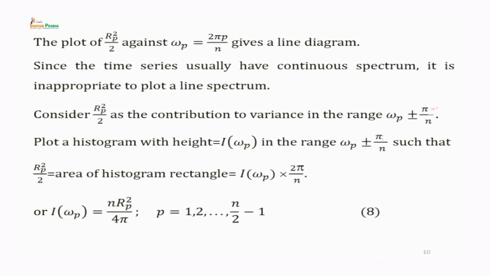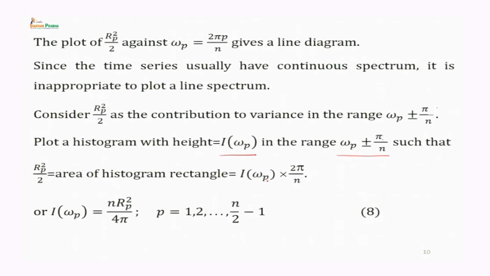Then we plot a histogram with height I(omega_p) in the range omega_p plus minus pi by n, such that the area of the histogram rectangle is equal to R_p square upon 2, or R_p square upon 2 is equal to I(omega) into the total width.